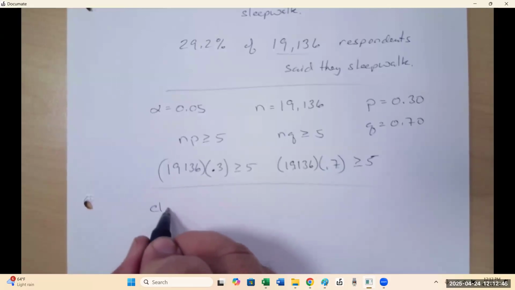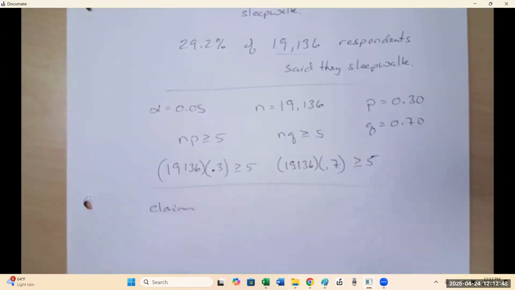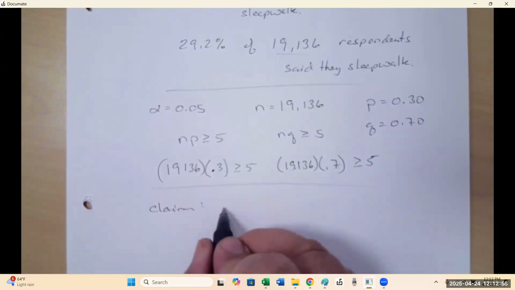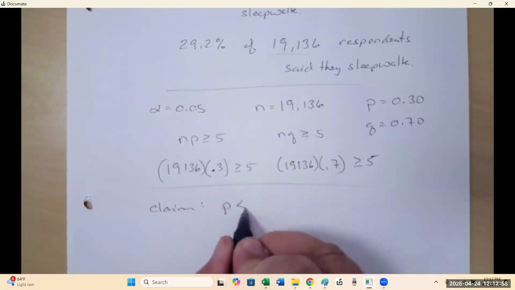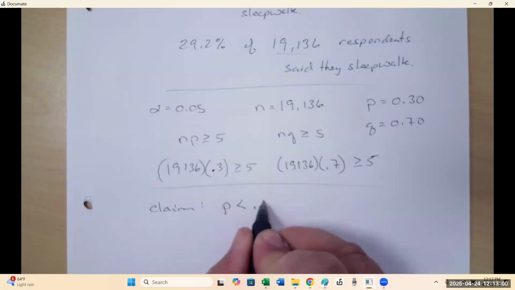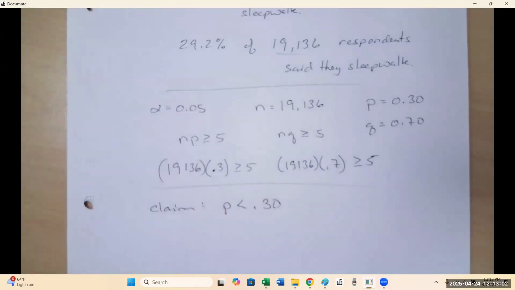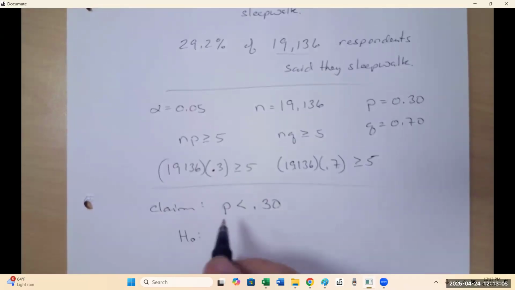So our claim is that fewer than 30%, p is less than 0.3. That's our claim. So our H0 is just the opposite.